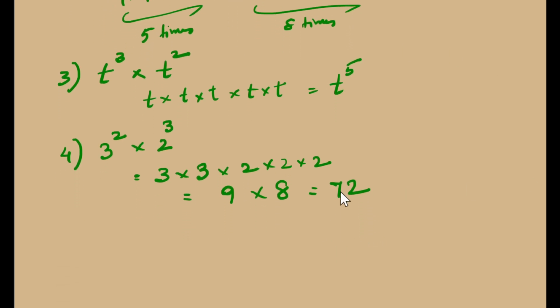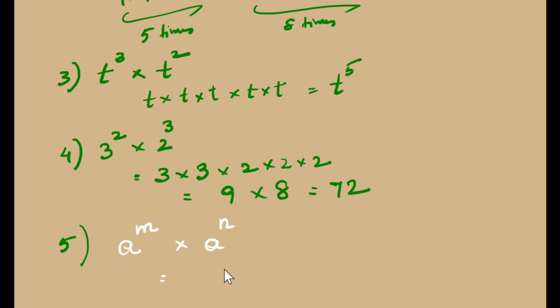And let me have one more example which would generalize whatever we have seen so far. Let a be the base: a raised to the power m multiplied by a raised to the power n. So what would this be?